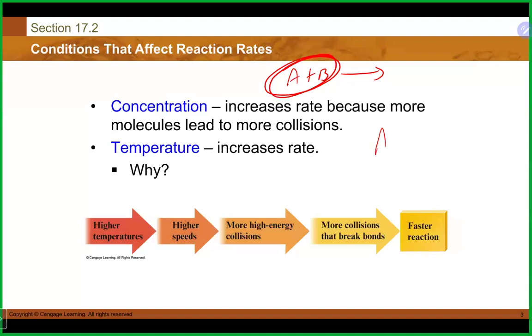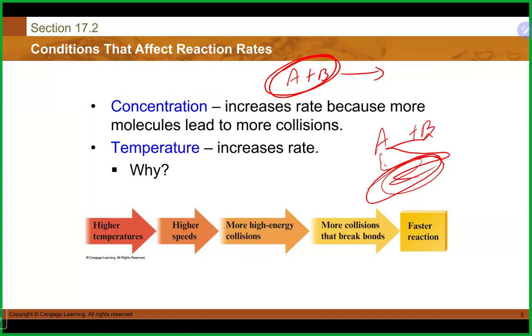So if you had your A and B there and you increase the temperature, they're going to be moving around a lot faster, and there's a good chance they're going to run into each other a lot quicker than they would at a lower temperature where they're moving slower. In addition, when they do run into each other, because it's a higher temperature and they're moving faster, they also will probably have the right amount of energy to get that reaction going because they have a little bit of extra energy in that situation.